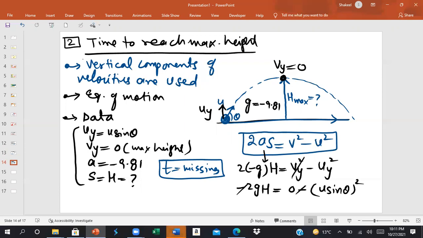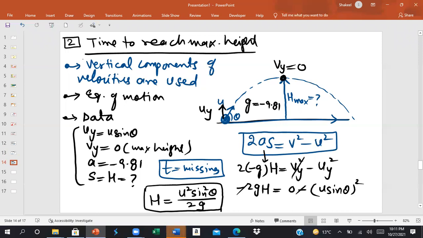So this negative will go away. Making h the subject, it will be u square sine square theta by 2g. So this is actually the height expression.